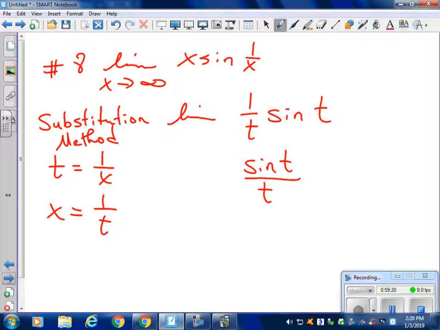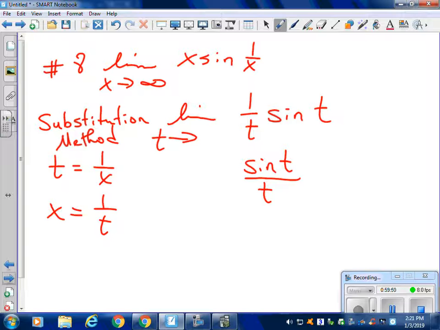All right. Now let's talk about how we're going to change this. Well, I don't mean to put an equal mark. I meant to put an arrow. So now, since it's all about t, we've got to figure out what t is going to. You go back and look at the formula you substituted in and think about, as x goes to infinity, what does 1 over infinity do? As you go to infinity down here, what does it make the fraction do? It goes to 0.